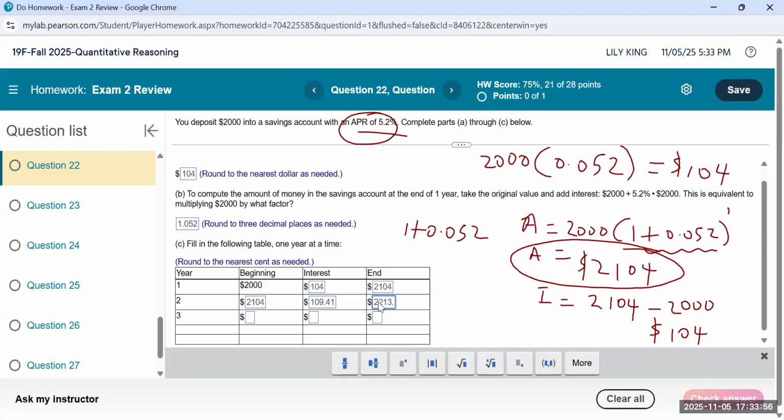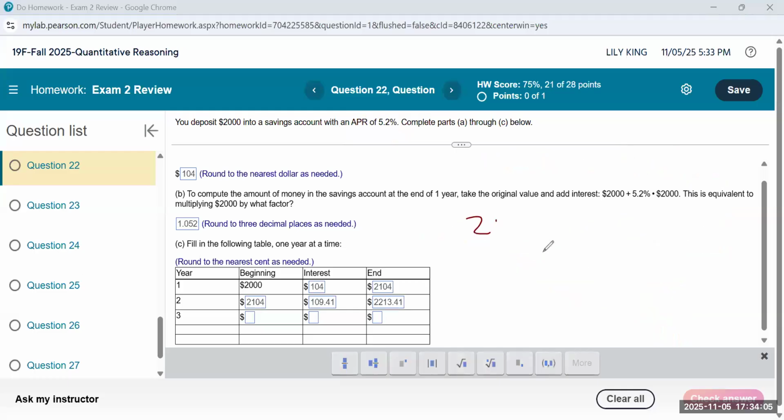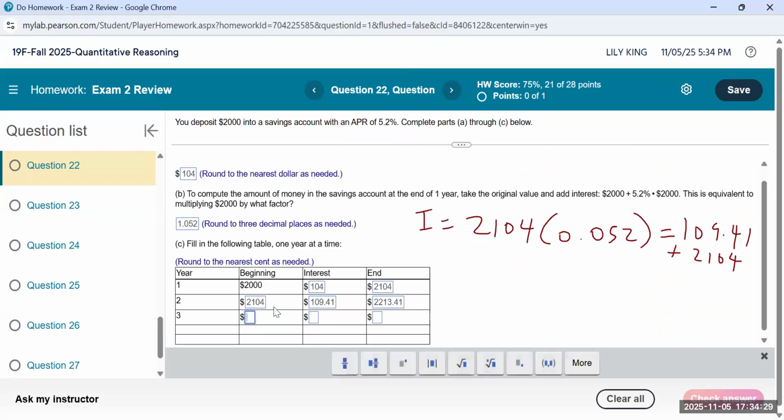All right, so you take the 2,104, you multiply by 0.052 to get the interest, so this gives you the 109.41. And if you add it back to the 2,104, that gives you the ending balance. And you repeat the process so you finally get to the end of the table.